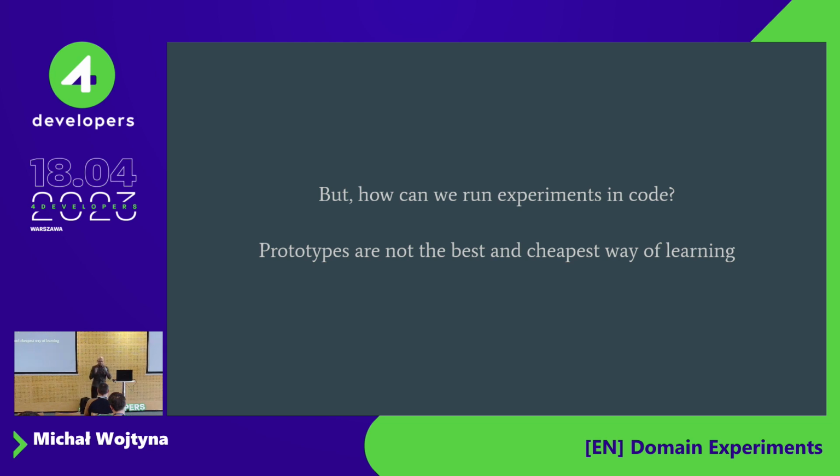So prototypes might be a great idea, but there's one thing with prototypes. They are costly to build because you're building, in fact, the entire application. All the layers, application, infrastructure, you need to think about some scaling. Maybe from day one you start, oh yeah, we will do microservices with Kafka, because it will suit us best. But it's just an assumption. It's not based on any proven hypothesis.